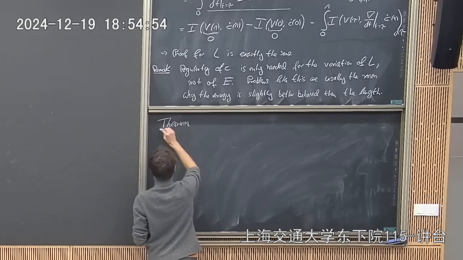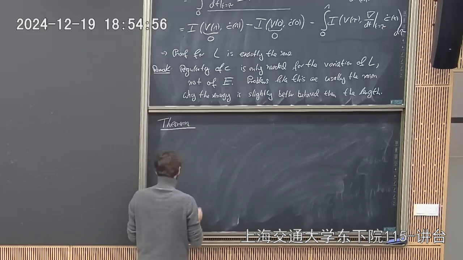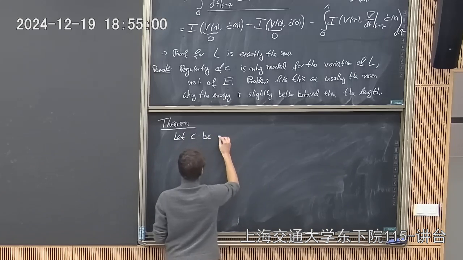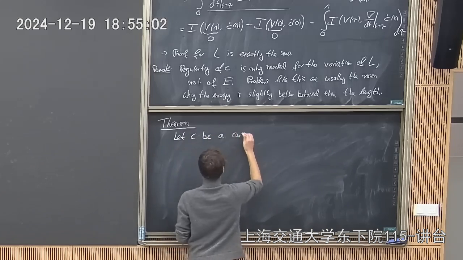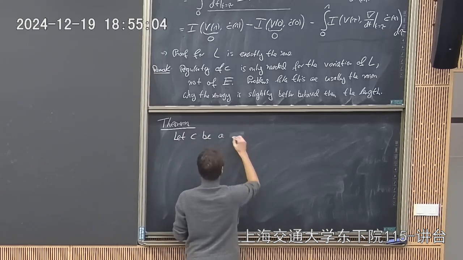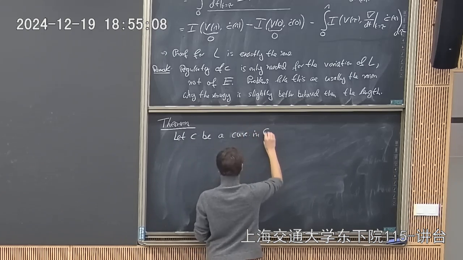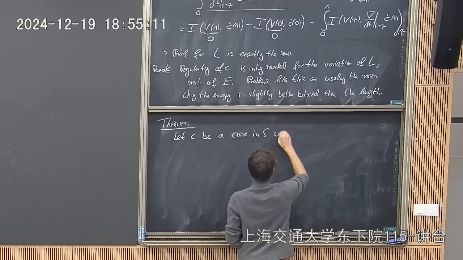It says that, let C be a curve in S with constant speed.